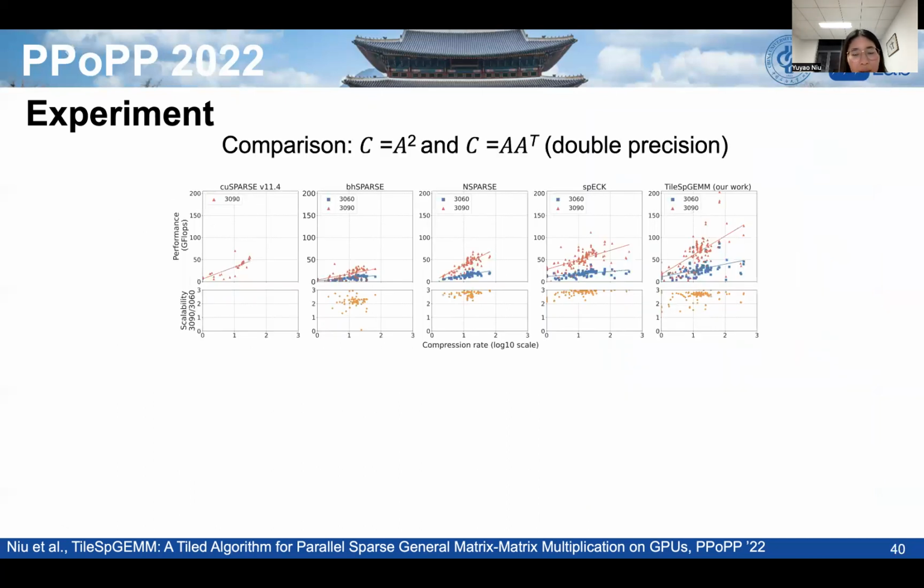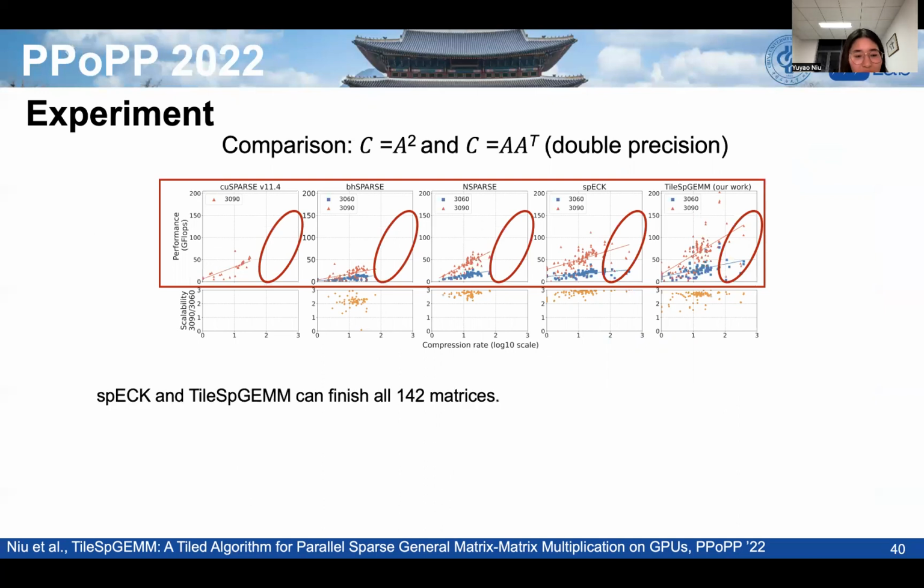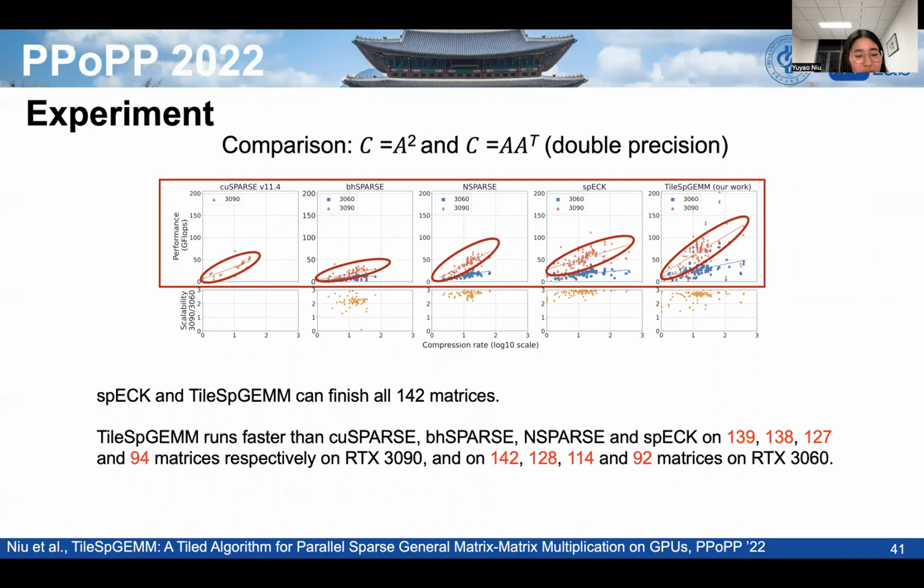Firstly, we compare our algorithm with TileSpGEMM, PPoPP, N-Sparse, and SPEC when performing double precision A square and A A transpose. As we can see, our SpGEMM and SPEC can finish all the matrices in our dataset, while the other 3 methods can only complete a part of our dataset.